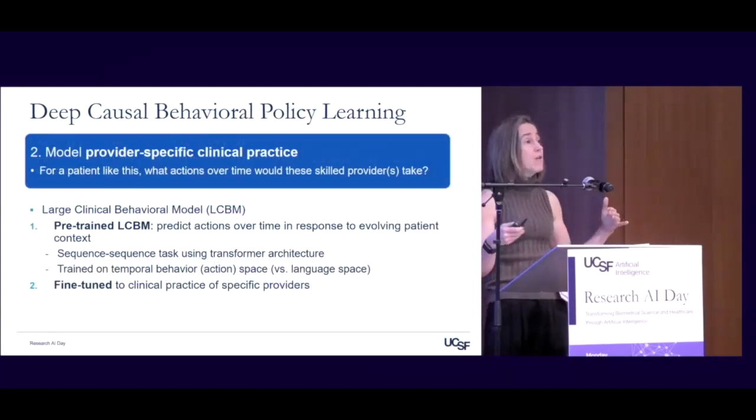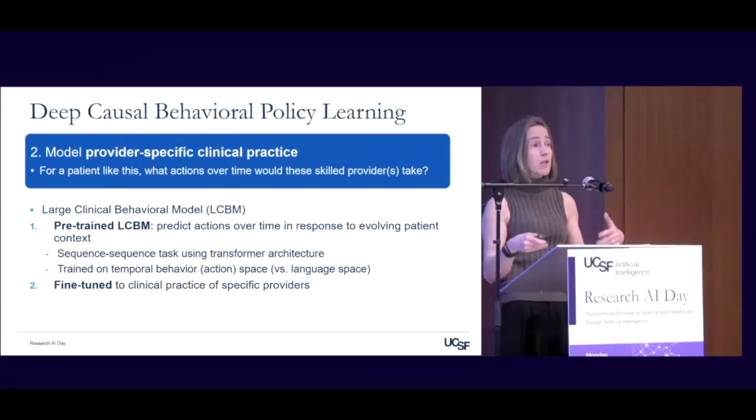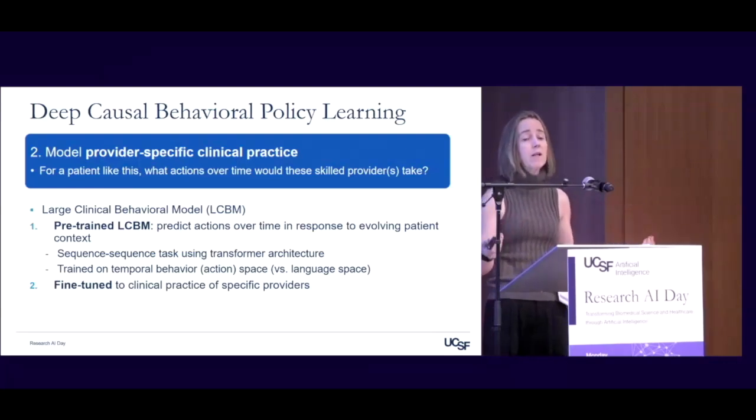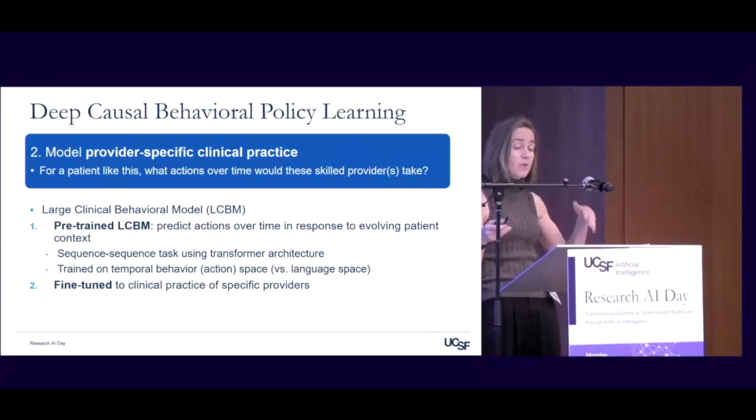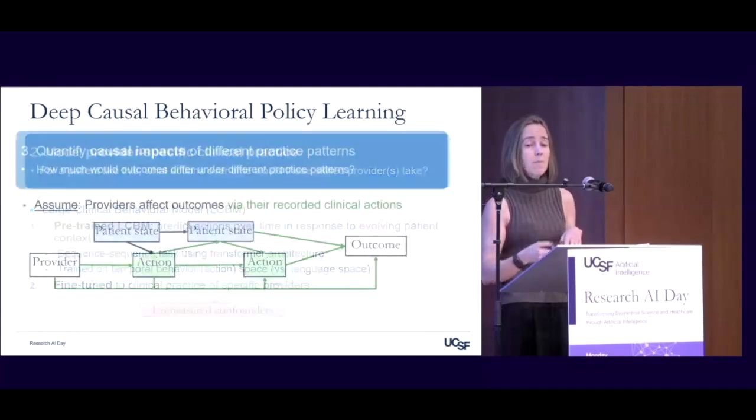So once we've done that, we then move on to modeling these provider-specific clinical practices or behavioral policies. And here again, we use our large clinical behavioral model. So we use our pre-trained model that I showed you an example of before, but then we fine-tune it to the clinical practice of specific providers.